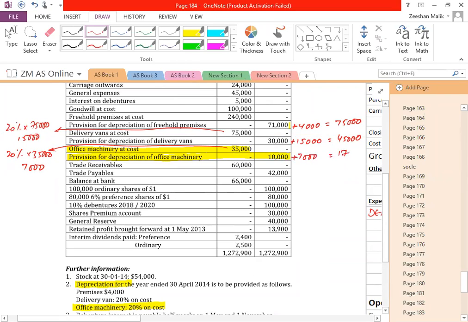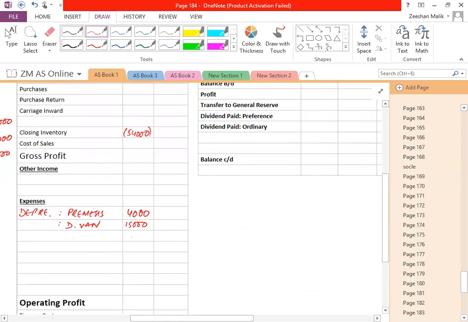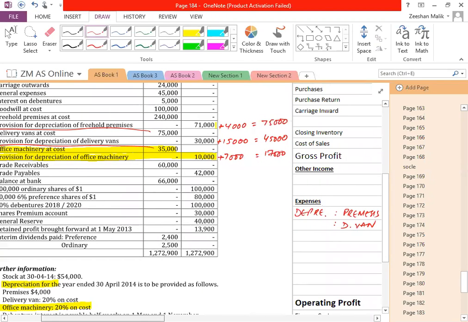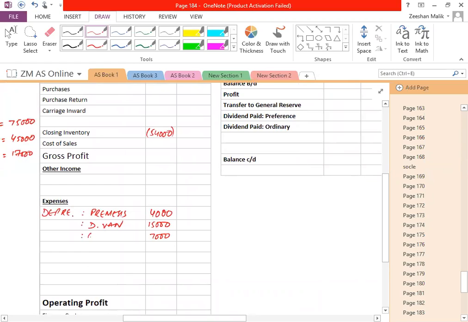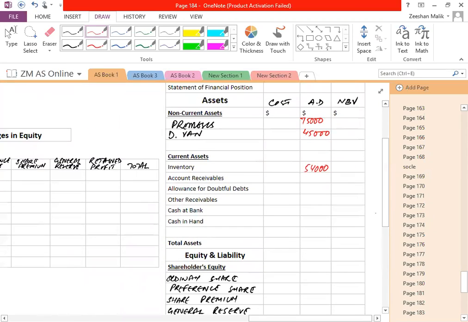It makes it 17,000. Right? 7 and 17. Office machinery.